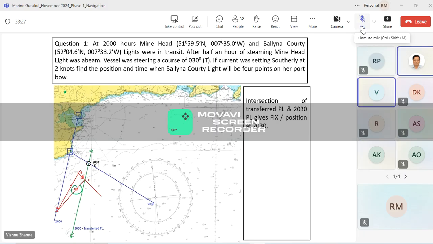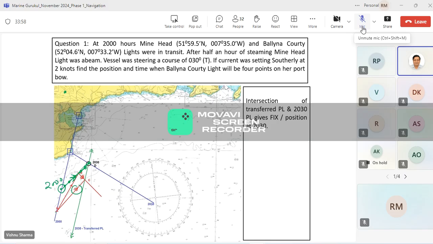So if the ship has reached point D at 2030, then if I transfer the CMG line parallel through this fix like this, then I'm sure to reach point D. The ship would have moved like this, and then only it will reach D, because that is the course she's making good. So where would the ship be at 2000 hours? The ship would be here at 2000 hours, because then only it will reach point D at 2030 by making good this course.